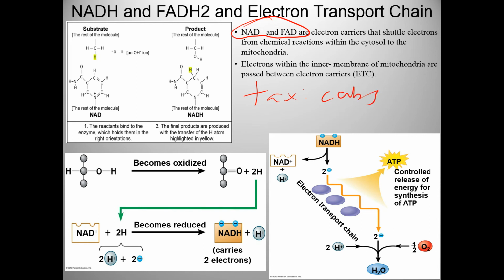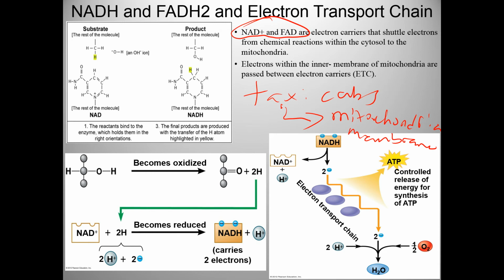Their job is to pick up electrons and they will shuttle them to the mitochondrial membrane. Okay.